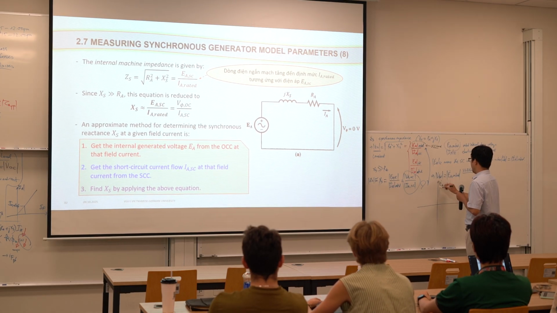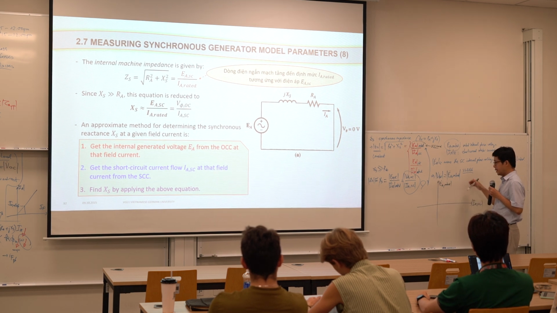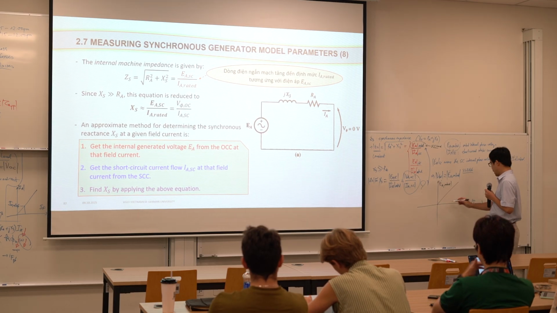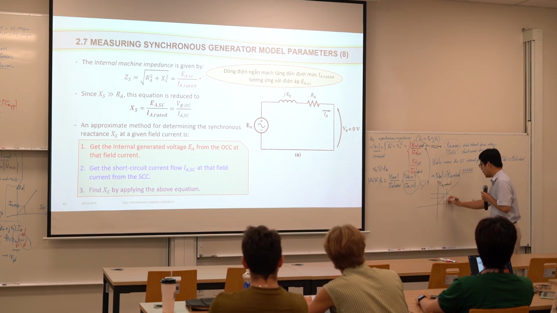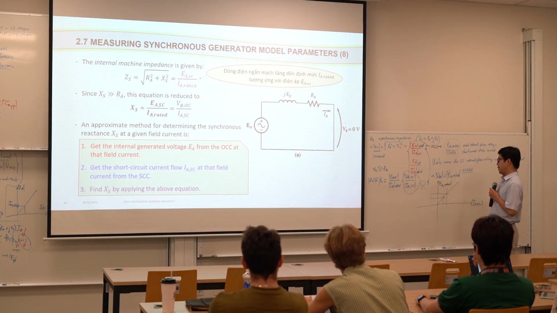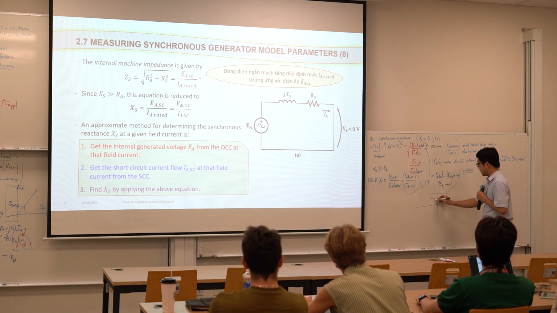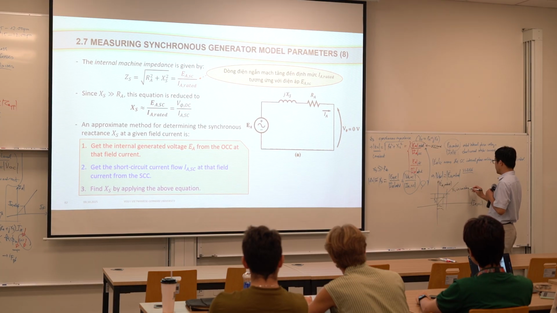The company will do the test for us and give us the curve, and then how much EA, how much IA. Of course, we have the same IF. That means XS is constant.